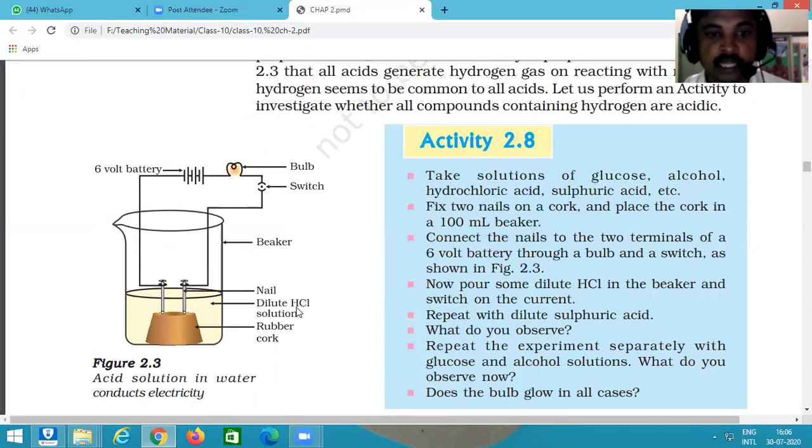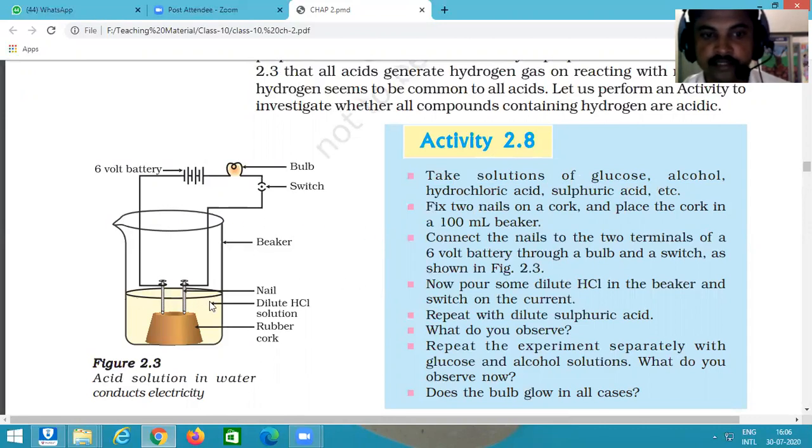Okay, and we have 4 types of solution. Take solutions of glucose, alcohol, hydrochloric acid, and sulfuric acid. After preparing the setup of the circuit, we fill it with the HCl.